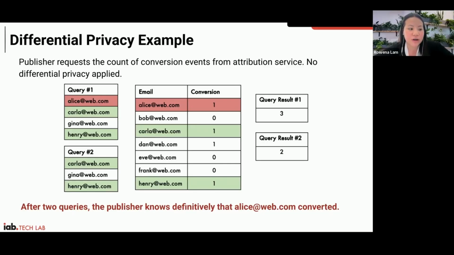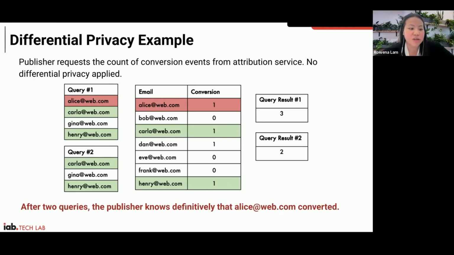So as a publisher, if I execute a query, this is query 1 on the left, asking if Alice, Carla, Gina, and Henry contributed to any conversions. The attribution service returns query result 1 that you see on the right, and it says that the group you sent to me, Alice, Carla, Gina, Henry, contributed 3 conversions.